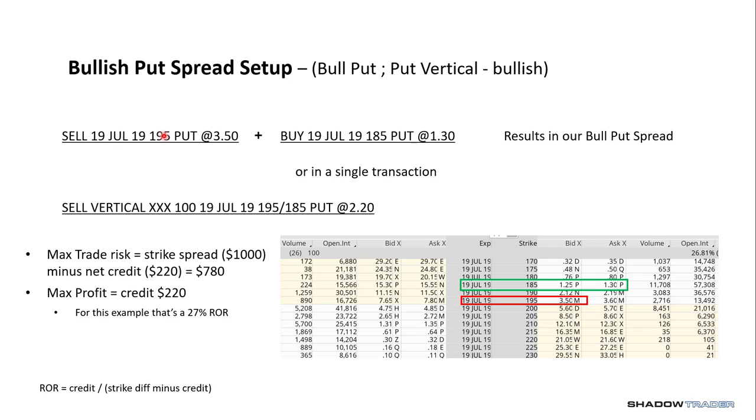Well, that gives us $195 of total risk, all the way down to zero. I don't like that. So we're going to buy a put below the strike of the short put, for this example at 185. Well, I get $3.50 in my pocket, but I have to expend $1.30 for that risk-limiting option.